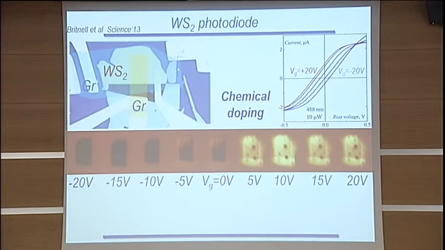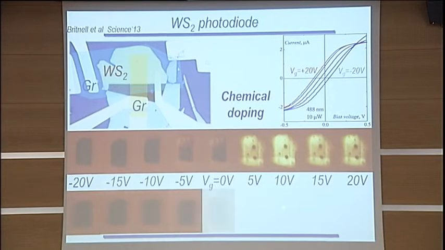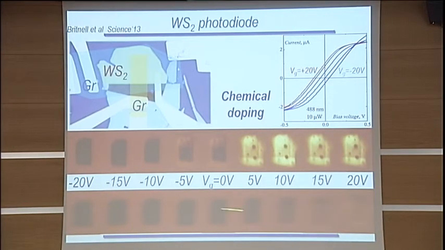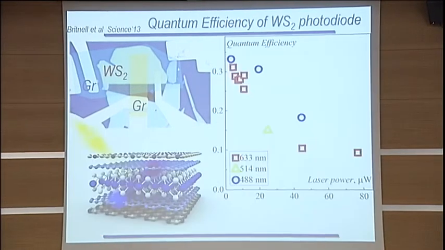It's not a very good device if you have to apply the gate voltage all the time. You can go for alternative routes. You can, for example, dope one of the graphene layers differently from the other one, which also introduces a difference in the work function and gives this built-in electric field, and then it basically shifts the whole picture to the right, giving some finite response even at zero gate voltage.